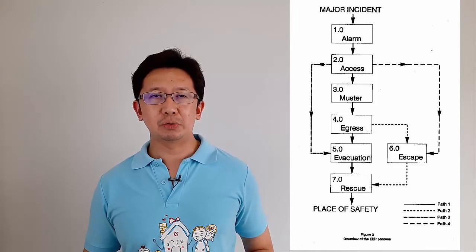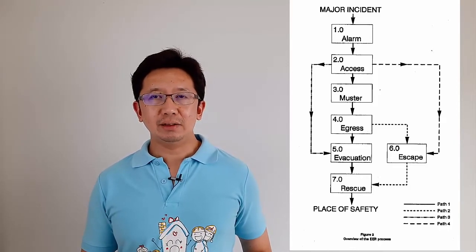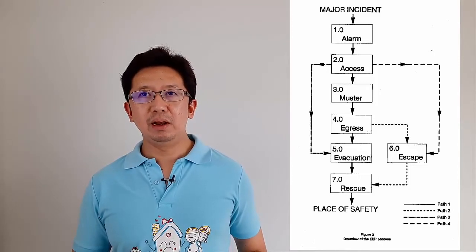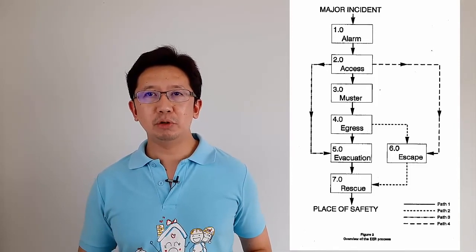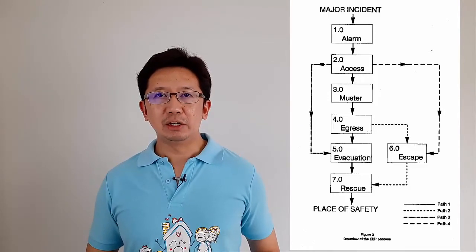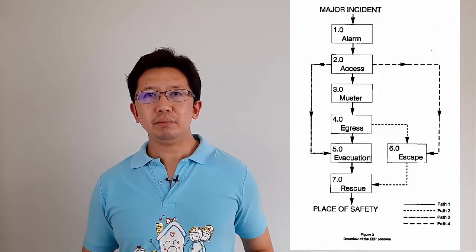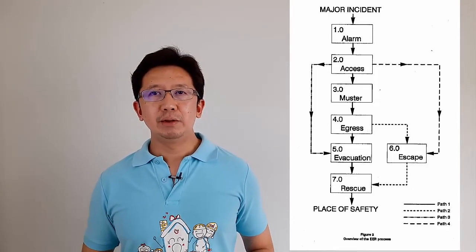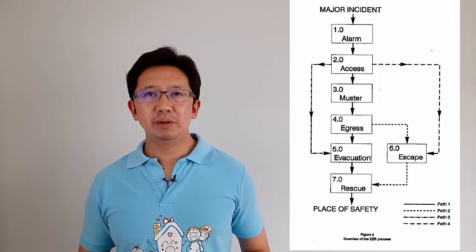We select part 2: alarm, go to access, muster, and go to egress and escape. Rescue is made possible, or assemble at the secondary muster point adjacent to evacuation, or part 3, or escape directly, part 4, depending on the nature of the emergency.